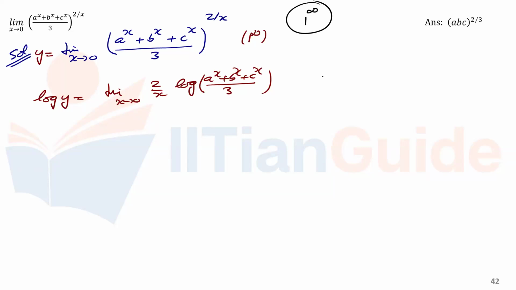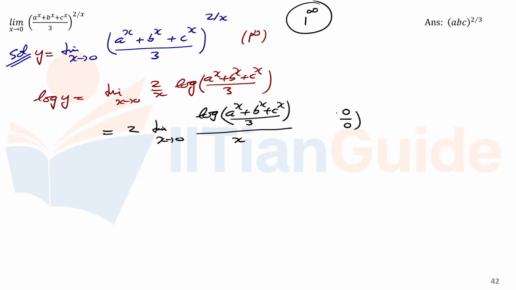Am I right or not? जल्दी बोलिए. फिर से लिख के बता रहा हूँ. 2 is a constant, take it outside. इसको बाहर निकाल दीजिए तो जल्दी समझ में आएगा. Limits extending to 0, write in this manner: log of (a^x + b^x + c^x) divided by 3, divided by x. Now I am having in the form of 0 by 0. Am I right?